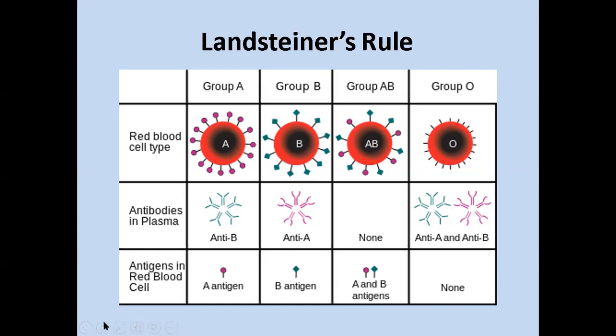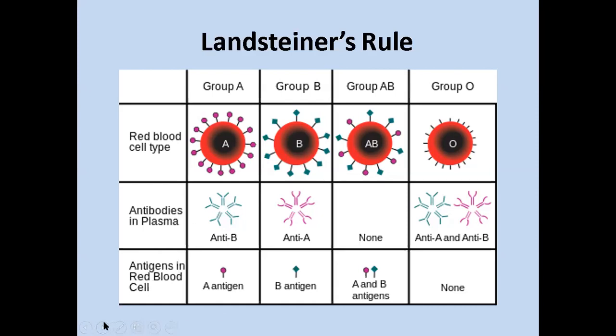So hopefully that makes sense to everyone. This is important to get down because when we talk about forward typing, we use known antisera to determine the antigens that are present, if any, on the red cells of the patient. When we do reverse typing in lab 2, we use known reagent red cells to determine which antibodies, if any, the patient has in their plasma.